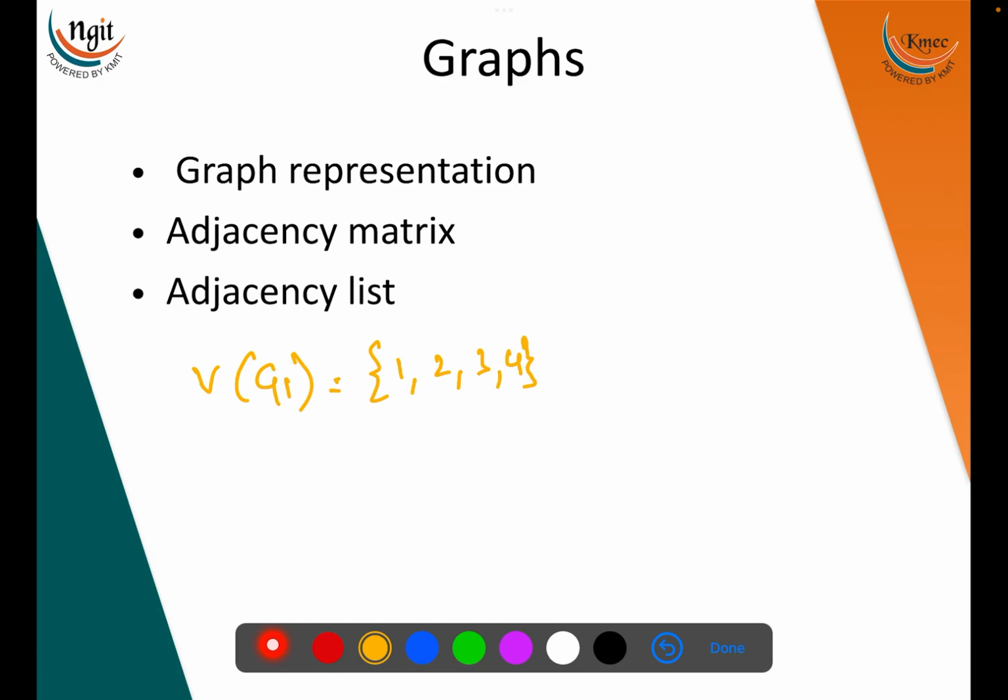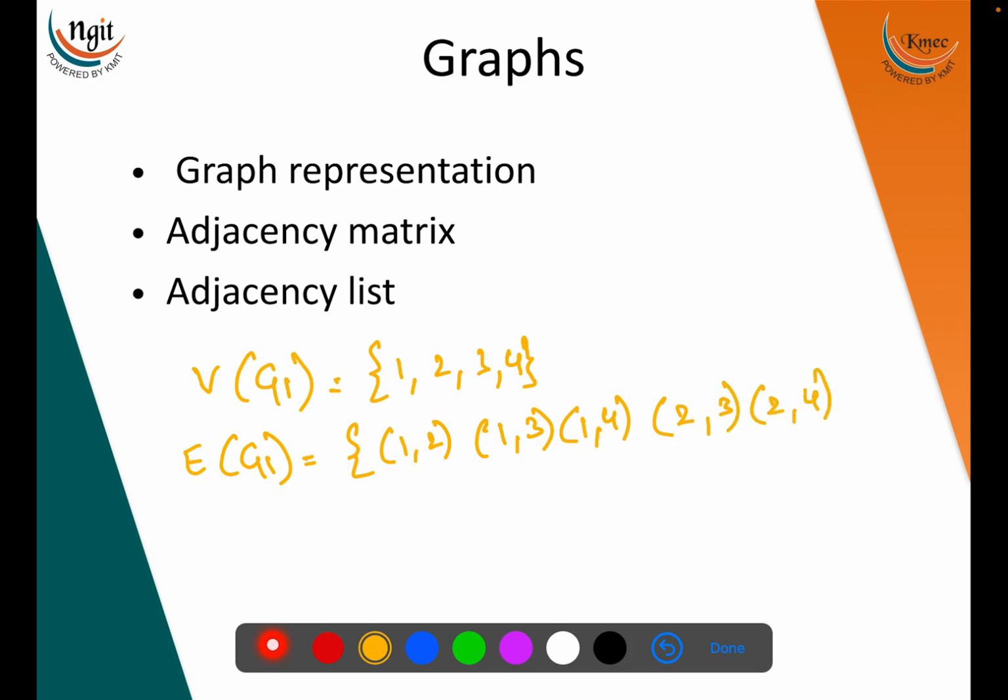The set representation of this graph is: E of G1 is equal to (1, 2), (1, 3), (1, 4), (2, 3), (2, 4) and (3, 4). Correct? So these are the edges from these vertices, 1 2 3 4 5 6. This is what we calculated. Now let's see, this is your edge. How can I frame the adjacency matrix from the graph? That part we will see now.